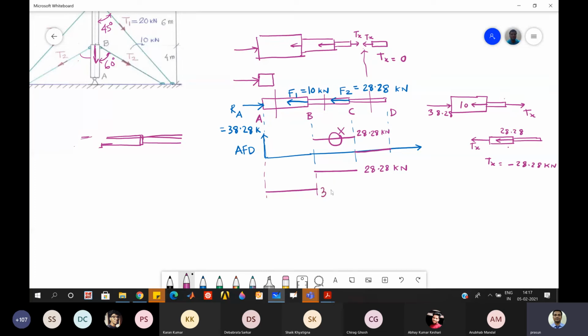You have to just approximately show this one. So if this is 28, this cannot be like 10 only, right? So you can see it is not in true scale, but as a representation of this axial force diagram, it is fine because we are mentioning the important point by showing the value here. Okay, so that way it is fine.